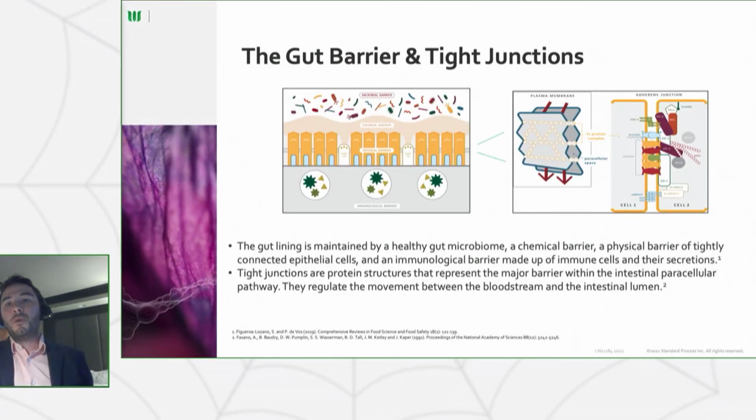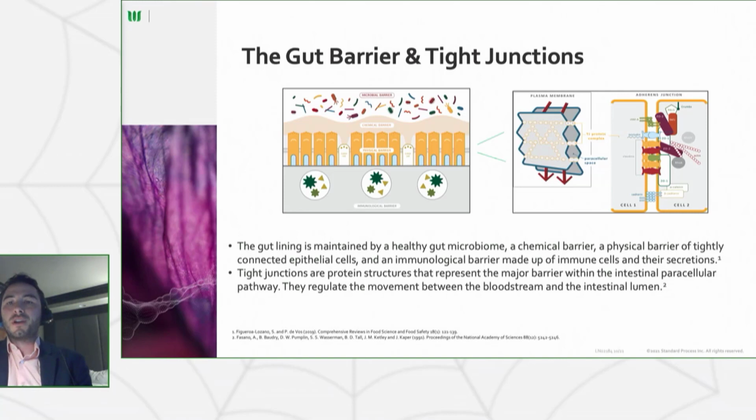Then what we also have tied with all this is the gut barrier. The gut barrier itself has 4 distinct layers: the microbial layer, the chemical barrier, which is made up of mucins and all sorts of different secretions that coat and line the physical barrier, which is made up of epithelial cells, goblet cells, and Paneth cells, intertwined with tight junction proteins.